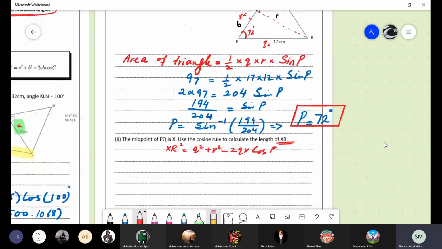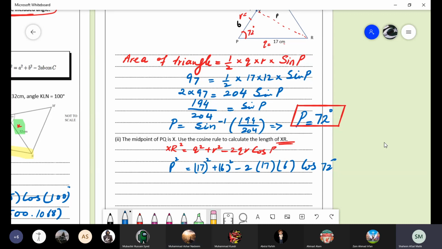Just substitute the values and we can solve it. XR is P. What is Q? Ma'am, 17. 17 square, it will be 6 square minus 2, Q is 17, this is 6, and cos of 72 degrees.